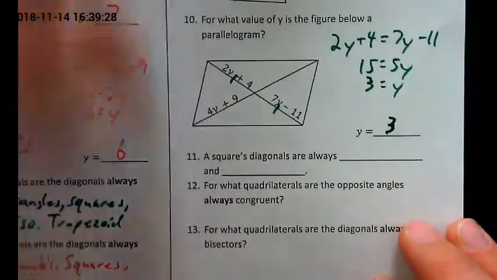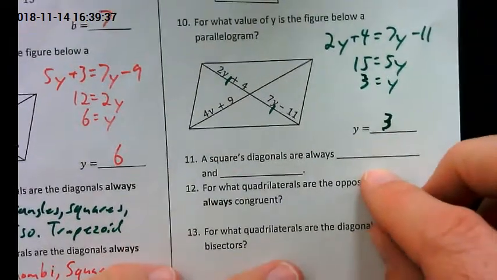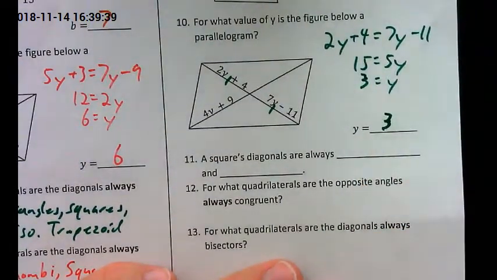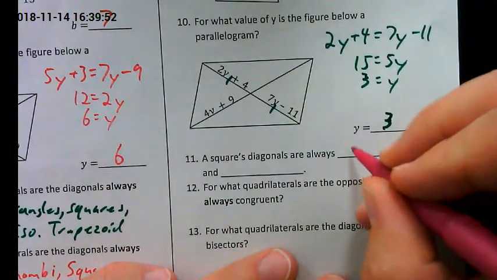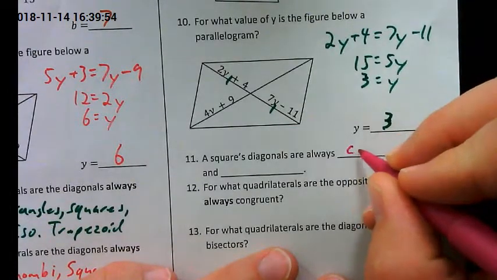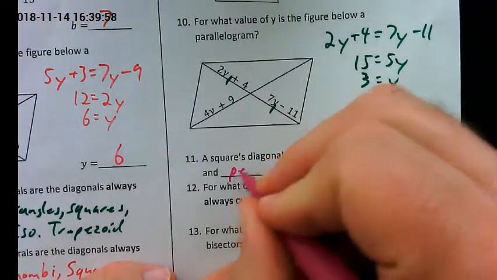Alright. Now 11 is a little bit different. A square's diagonals are always, and there's more than two things that you could actually fit in here. I would say, again, like I said, there's more. Shh, guys, listen. There's more than two things you can put here. All right. I would probably say if we're just talking directly about the diagonals themselves, we would most likely use the words congruent and perpendicular.